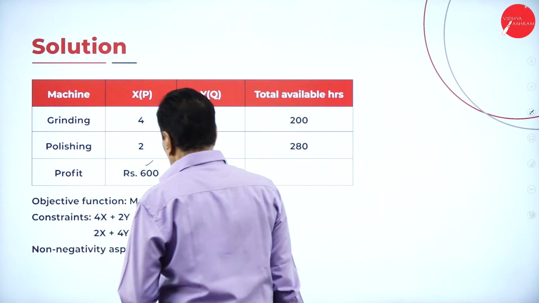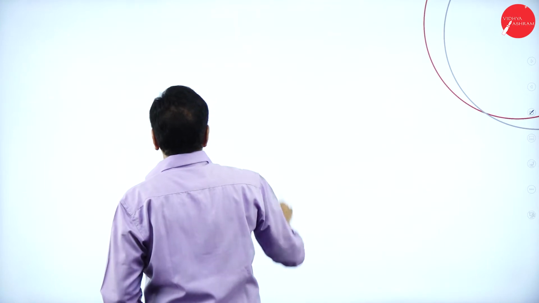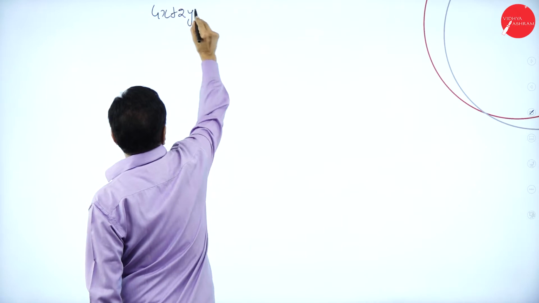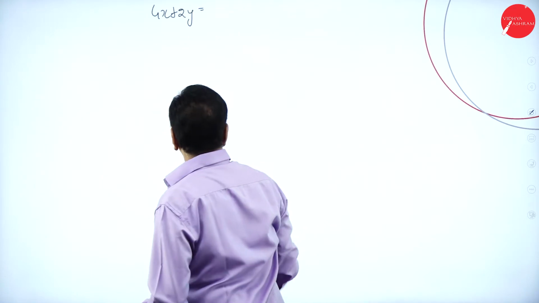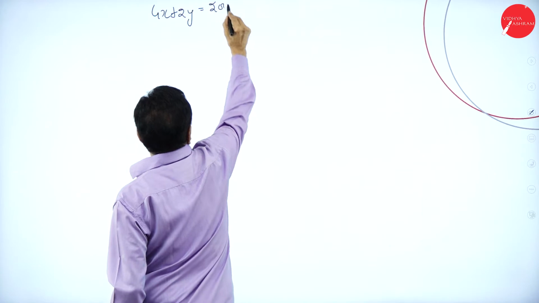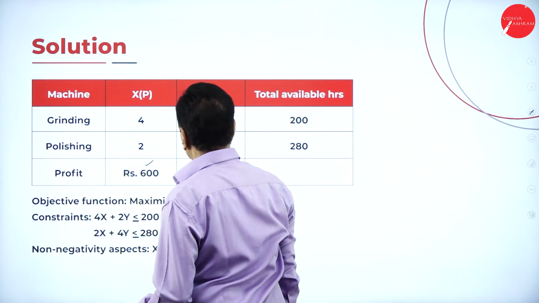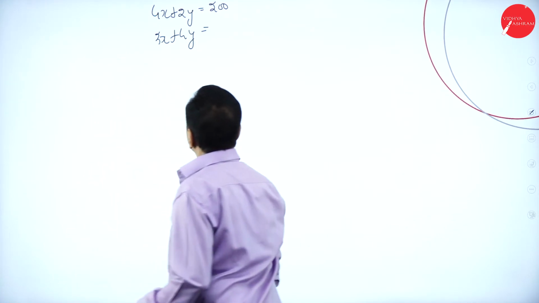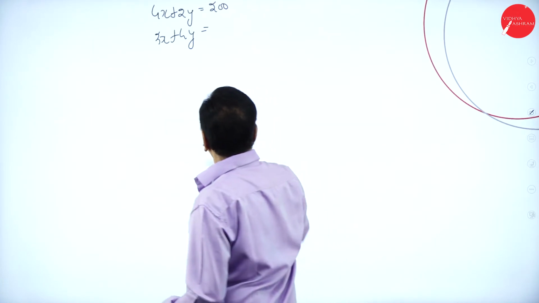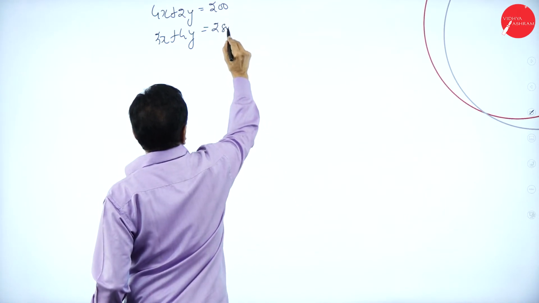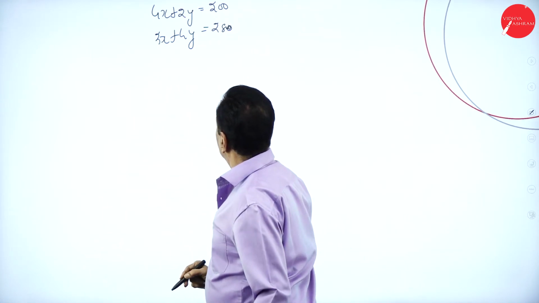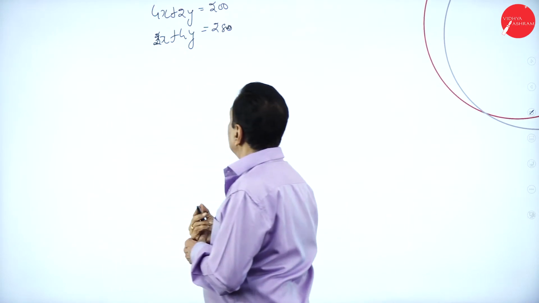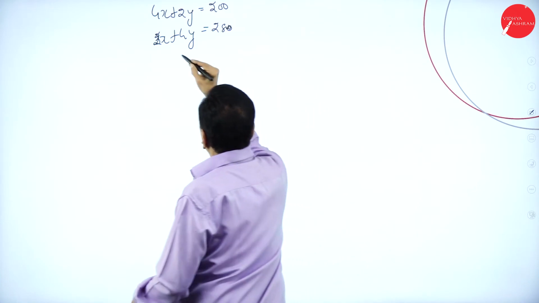First one, 4x plus 2y is equal to 200. Then 2x plus 4y is equal to 280. So, in order to match, this 2x plus 4y should be multiplied by 2.